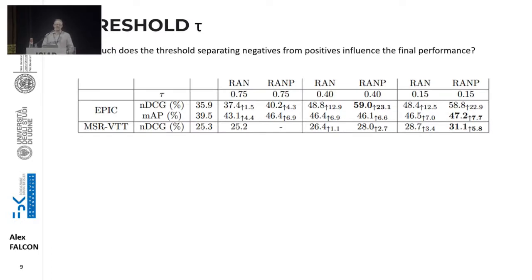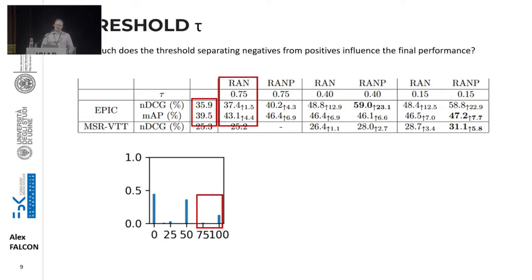So those modes that we identified in the previous slide can also be used, and we actually do use them, as the possible values for the threshold tau. On Epic, what we observe is that by using, for example, a high threshold of 0.75, which means that we are only excluding the really highly relevant captions from the pool of the negatives, we actually observe already an improvement in both the considered metrics.